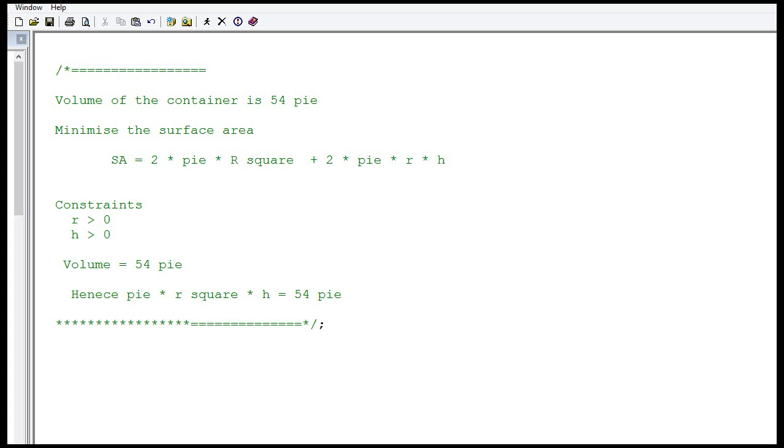A container manufacturing company wants to optimize on the surface area of the container. The volume has to remain same. The volume is 54 pi.